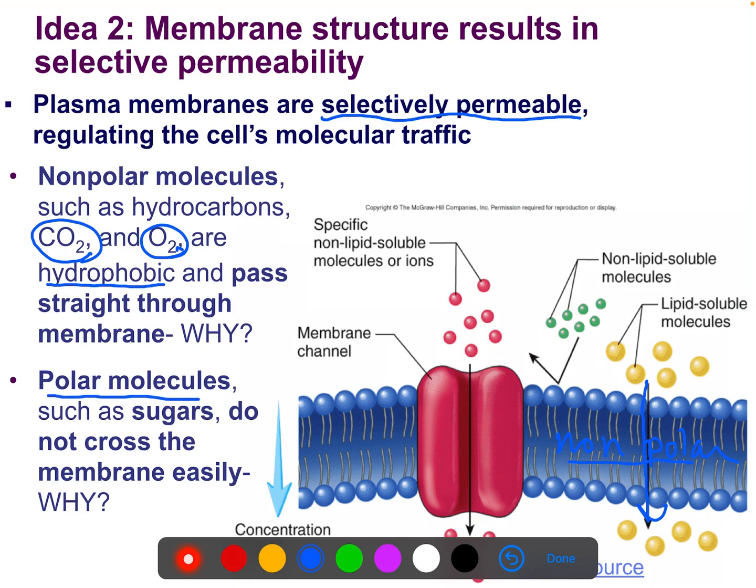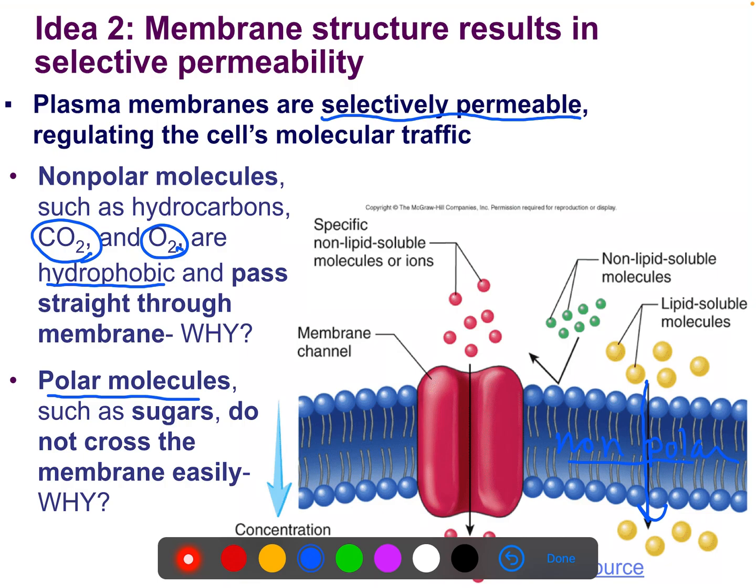Now, on the other hand, polar molecules. When we're thinking about what needs to go in and out of the cell, we're talking about sugars, big polar molecules. Why can they not cross through the membrane as easily? Well, it's because we have this big nonpolar region.